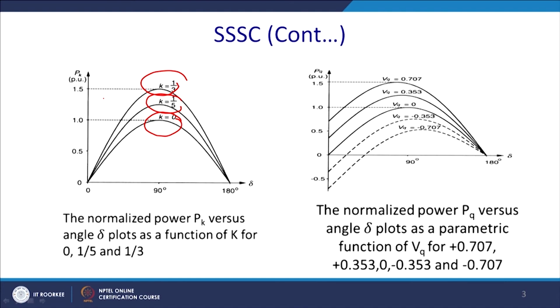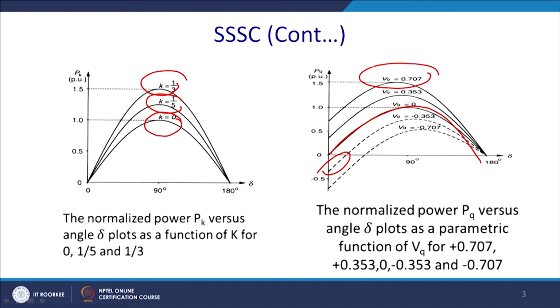So, this is the delta versus power graph. You can see that you can make the power negative also. This is VQ equal to 0, the uncompensated line, and you can make VQ negative and thus bring power in the reverse direction. Similarly, you can increase the power to 1.5 per unit at 0.7 VQ.